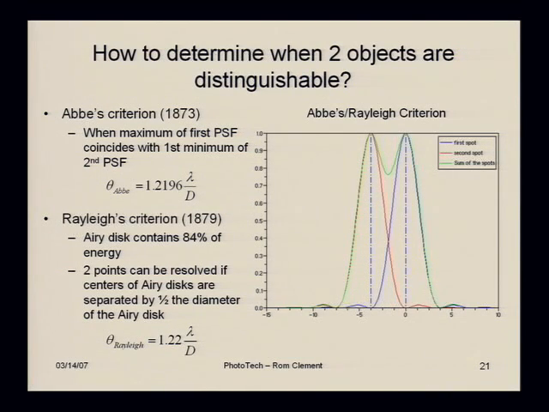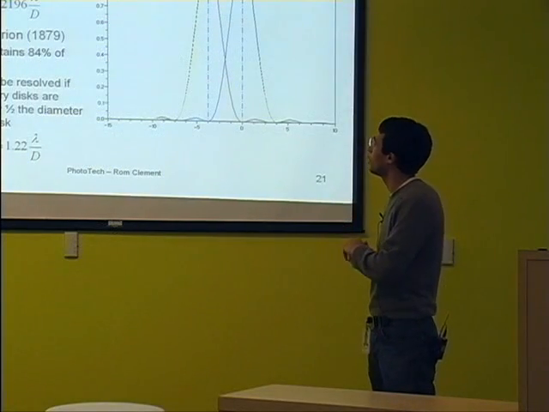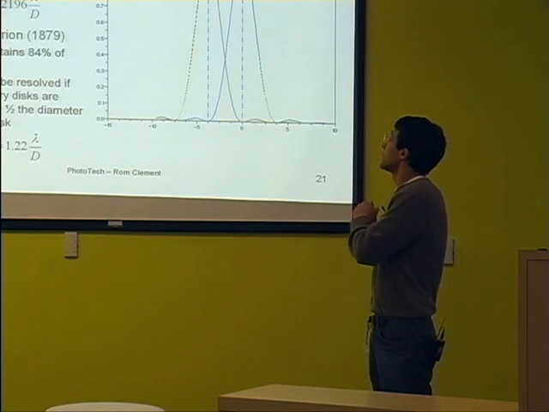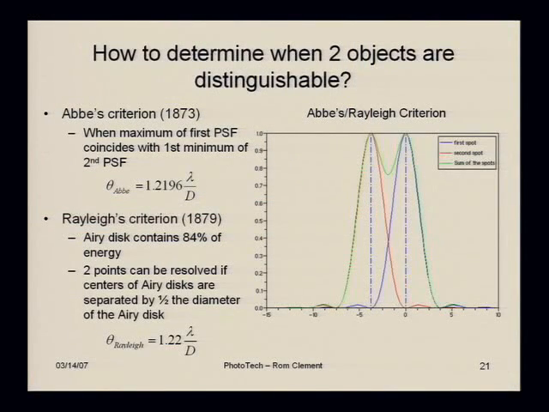So the first person who's talked about this, as far as I've found, was Airy, who gave this criterion, which is that the angular aperture theta of the peak, let's say the angular aperture theta AB, is equal to 1.2196 lambda over d, d being the aperture of the telescope or the aperture of the optics.